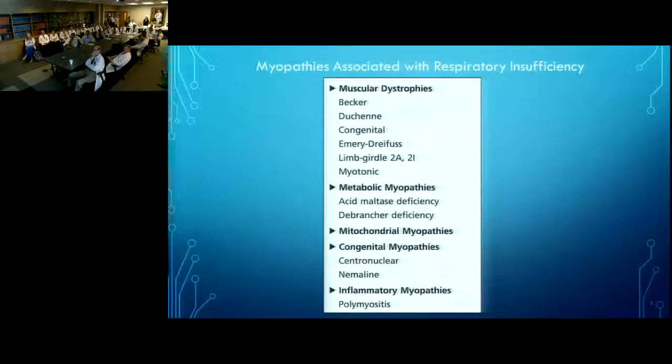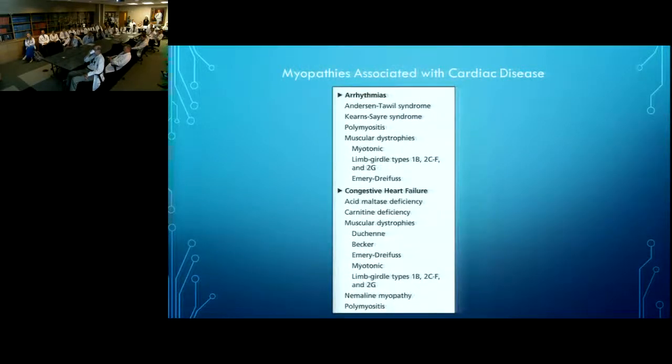But if it's really the initial presentation, you would consider acid maltase deficiency, central nuclear myopathy, and amyloid myopathy as the most likely etiologies. Another group of myopathies which can also cause cardiac disease is listed here, and you can see that in some of the acquired, but mostly in the inherited forms of the myopathies.